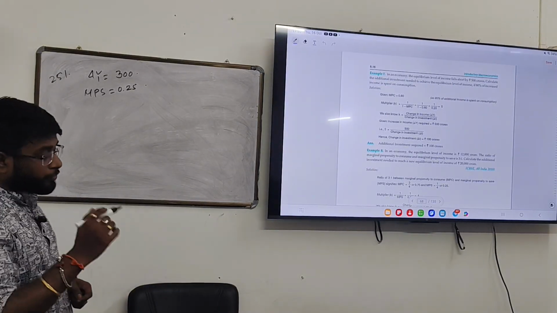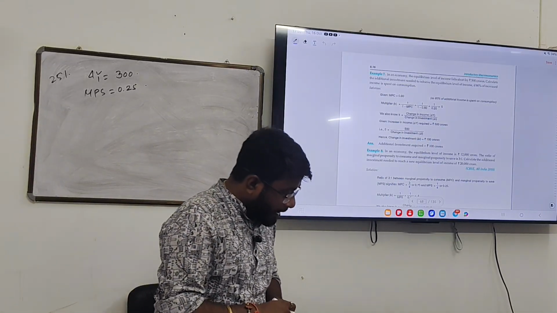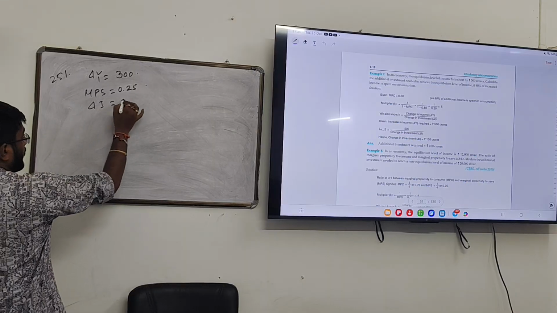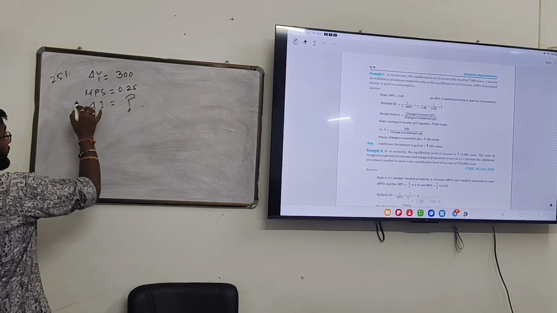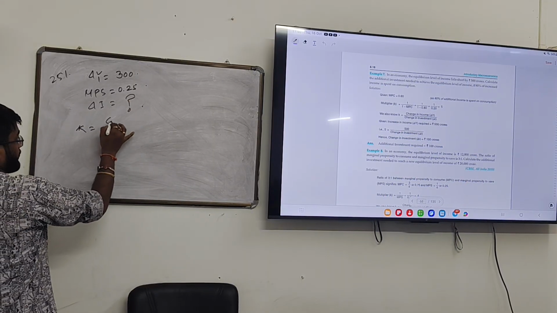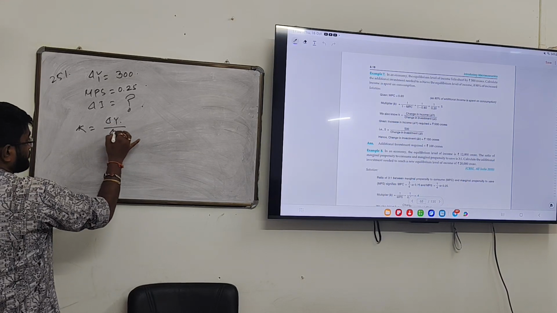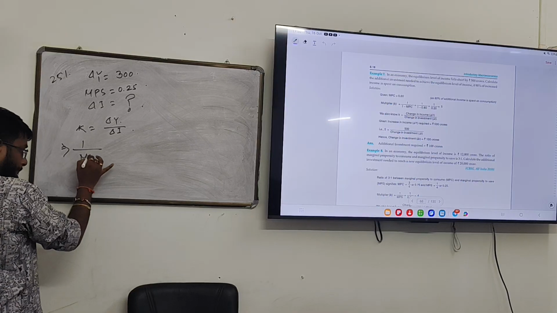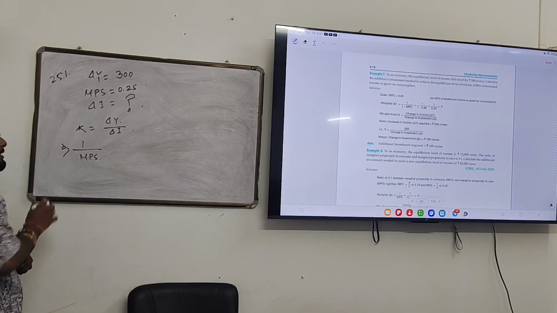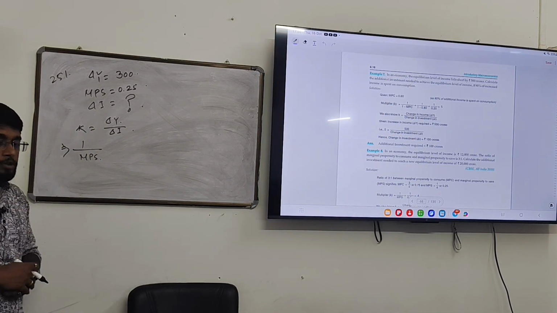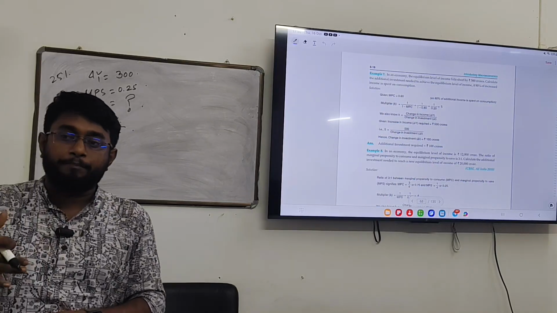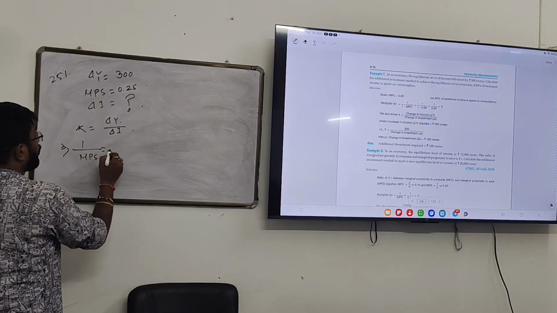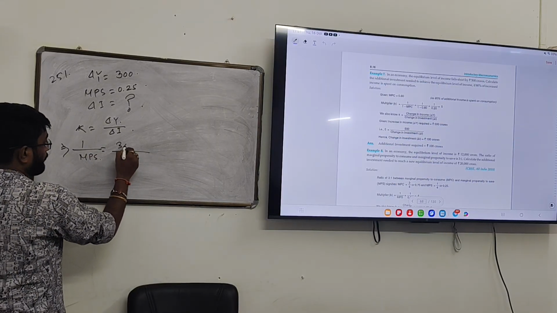And we are asked to calculate the increase in investment, that is delta I. So simple, k is equal to delta Y by delta I. Here we write k equals 1 by MPS because the MPS value is given. In the previous question we wrote 1 by 1 minus MPC because the MPC value was given. So delta Y is 300.